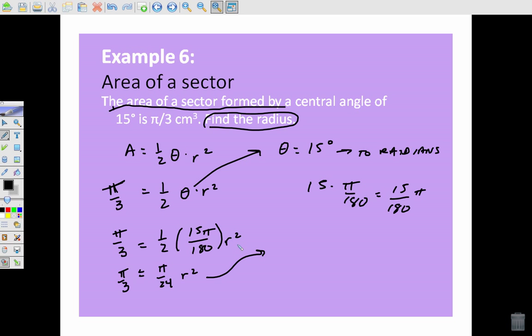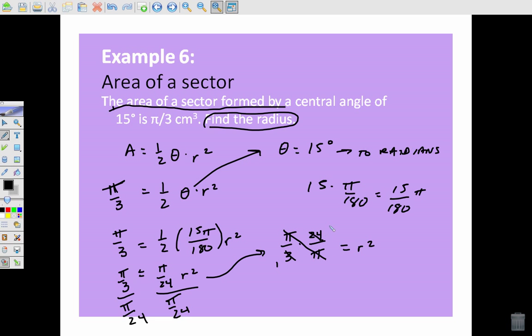Move up this way, give myself a little bit more space. And so when I go ahead and solve this, I'm going to divide both sides by pi over 24. So I'll divide by pi over 24, divide by pi over 24. And what you'll see happens is we have pi over 3 times 24 over pi, because we multiply by the reciprocal, is equal to radius squared.